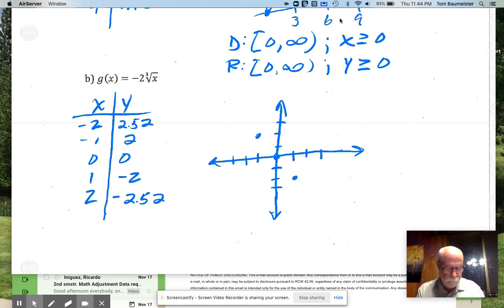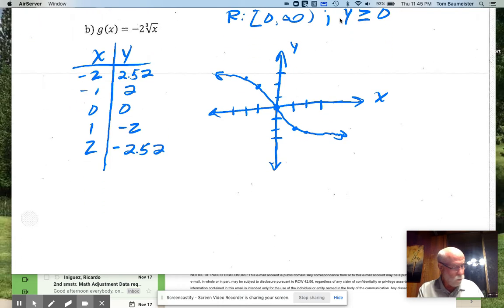So something like right here. And same here, 2.52. Again, my graphs aren't that great, but what you should see is something that looks almost like an s. Well, it is an inverse of our cubic function, and our cubic function kind of looked like that too.